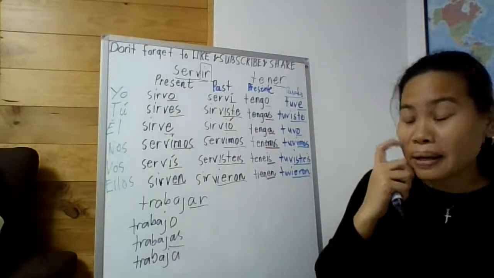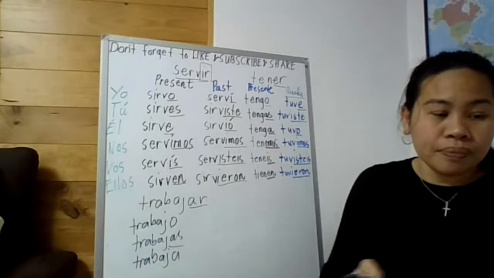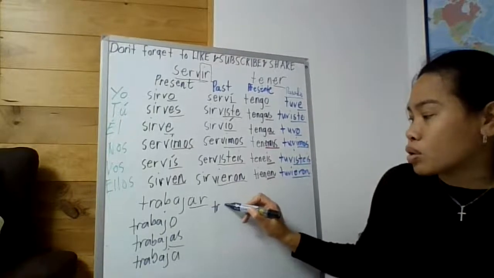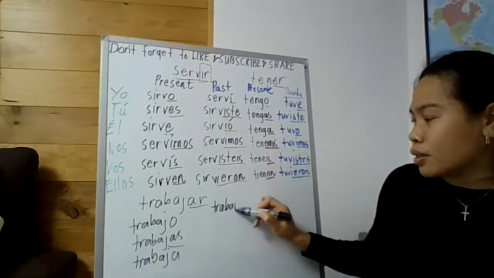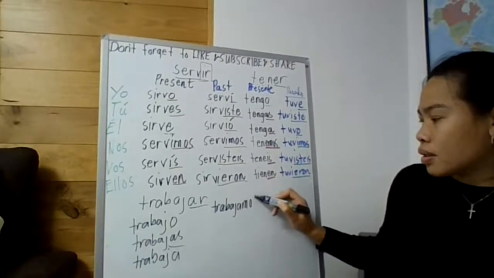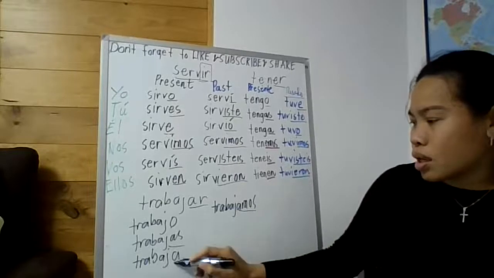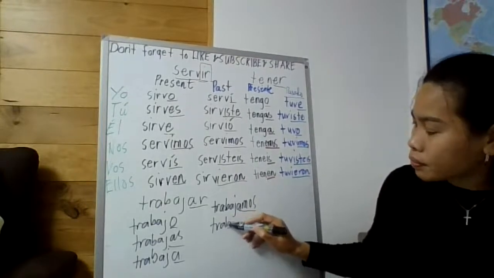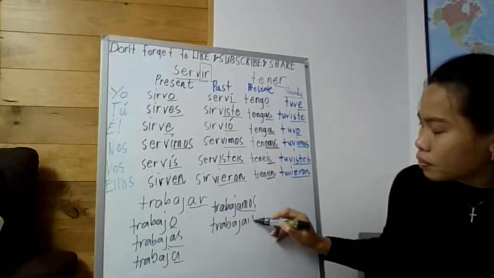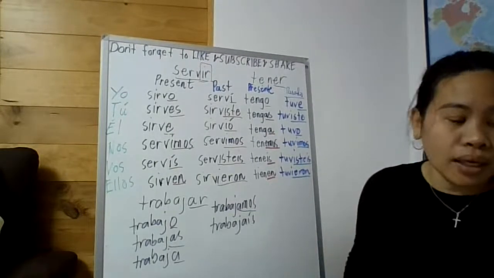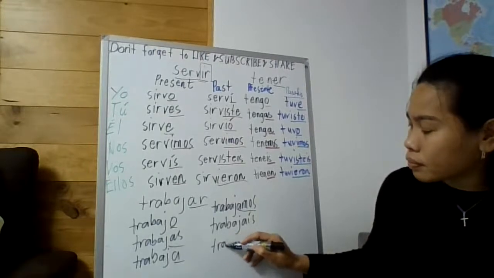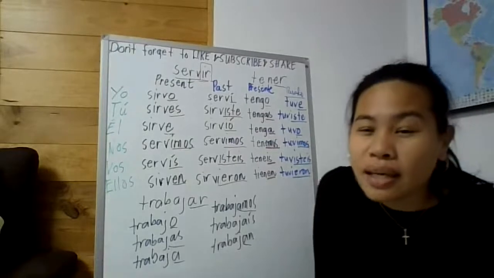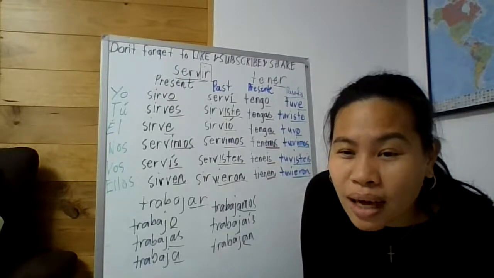And then trabajamos. Amos. I will just put it here because, you know, our mini board. Amos. Trabajáis. And trabajan. O, as, a, amos, áis, an.